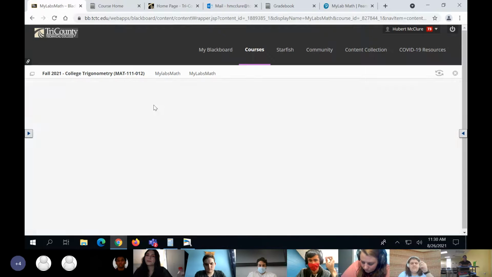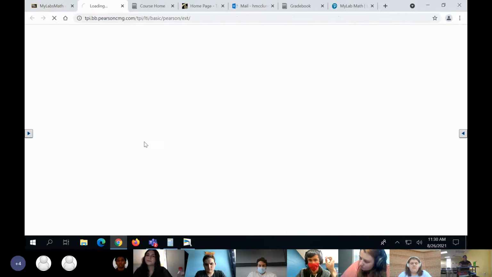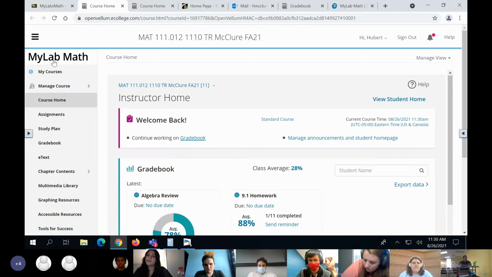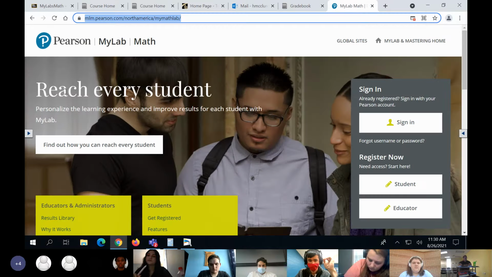Hit the yellow button, open. And if you see MyLabs Math on the next page, and you see this trig class, then that means you are registered, you are in, and at that point, you can use your Pearson website to log in after that.